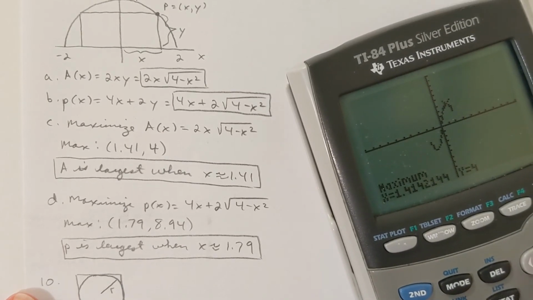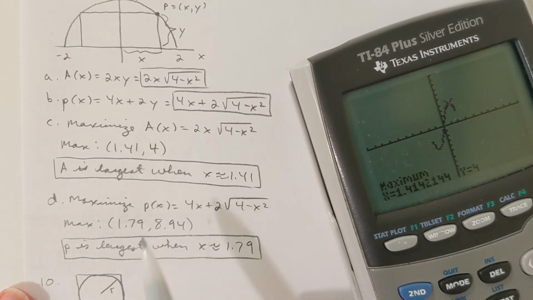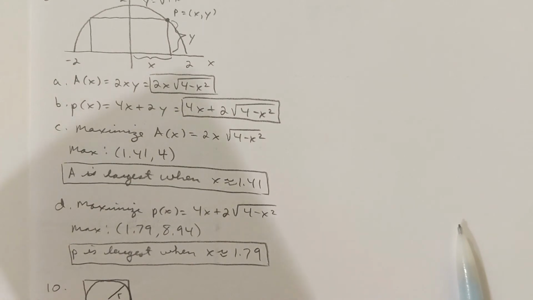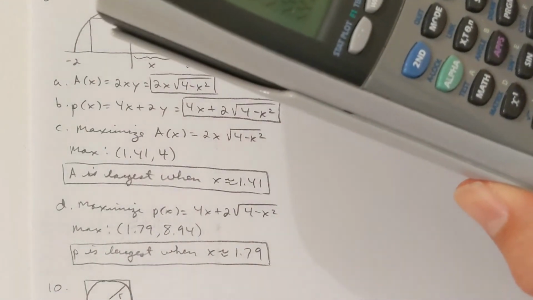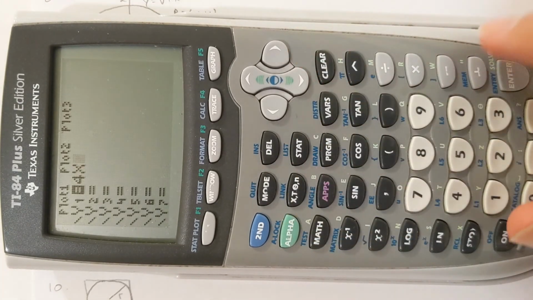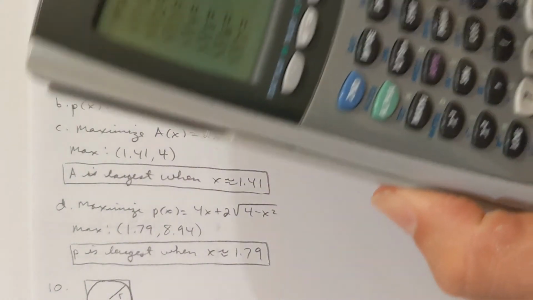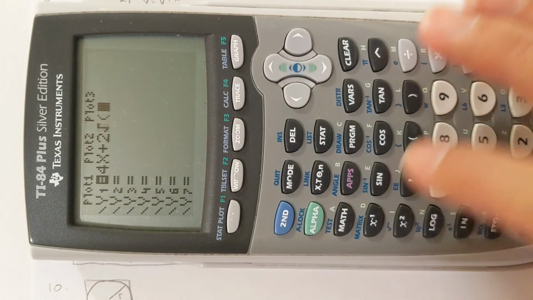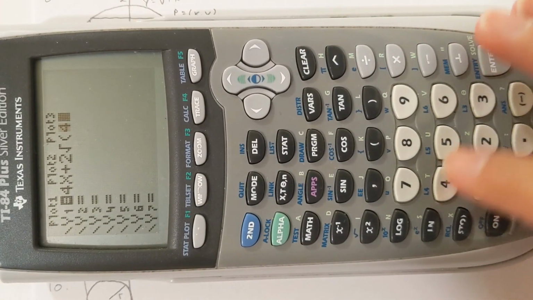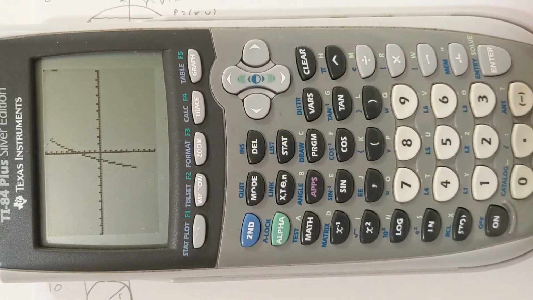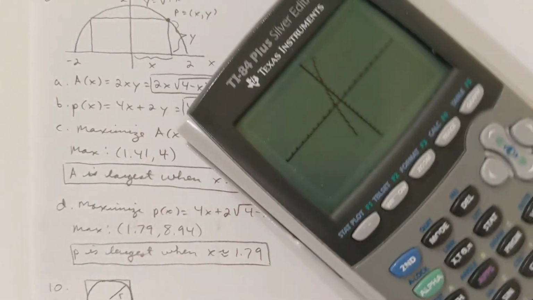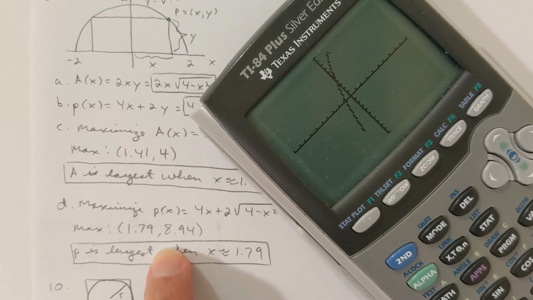Okay. How about the perimeter? When's the perimeter going to be the biggest? Well, I want to maximize it, so let's see here, 4x plus 2 times the square root of 4 minus x squared. So I want to maximize that function.